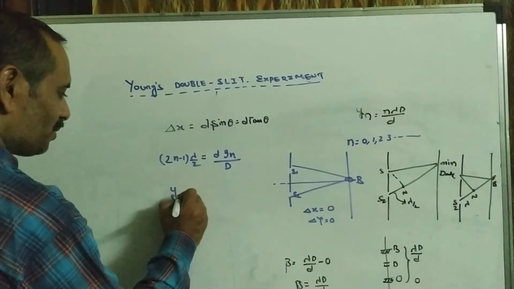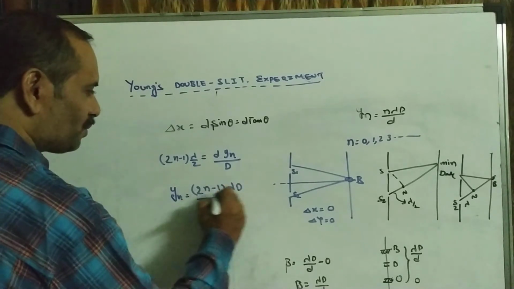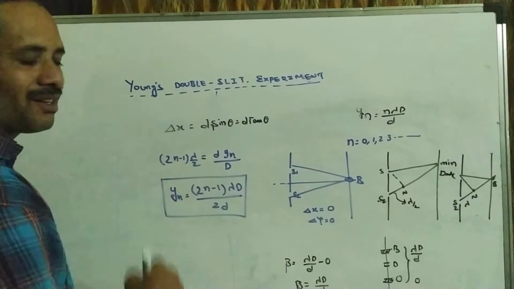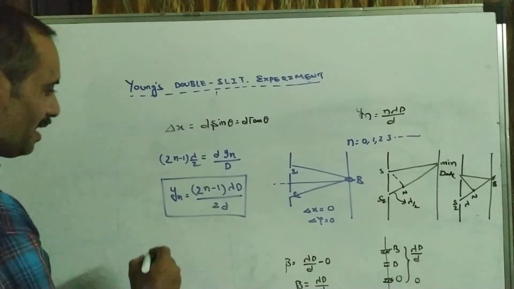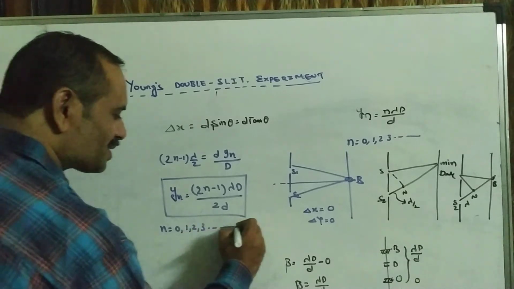So yn equals 2n minus 1 into lambda D by 2d gives the condition for minimum of the nth dark band.